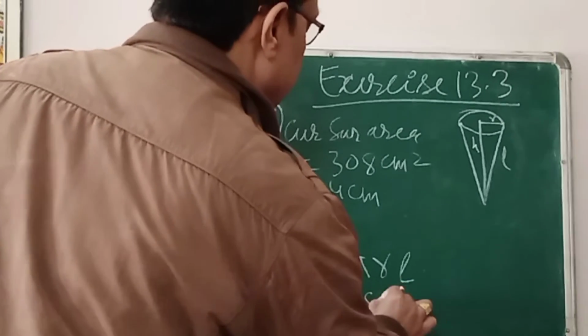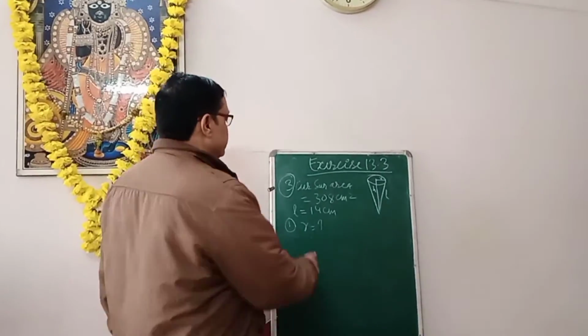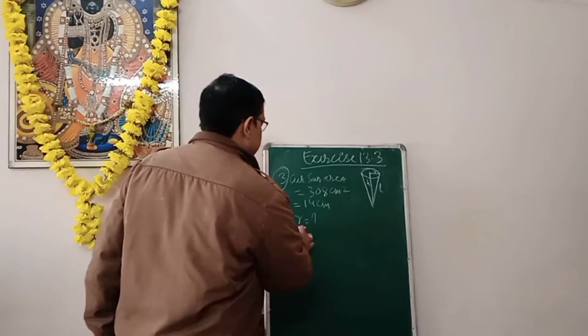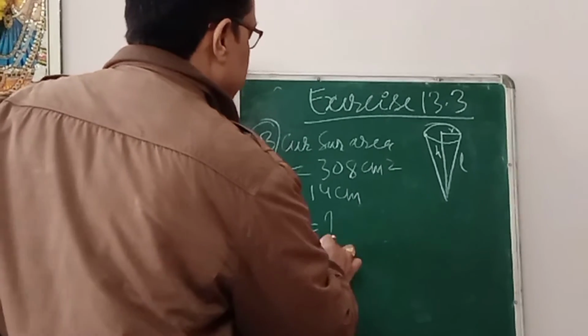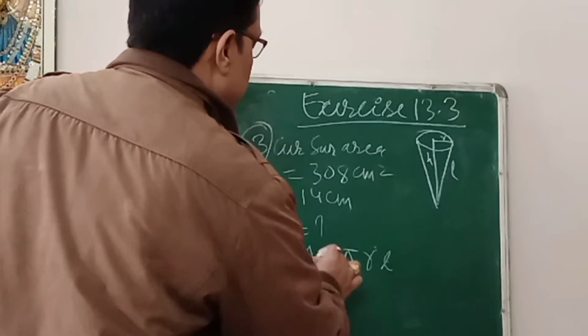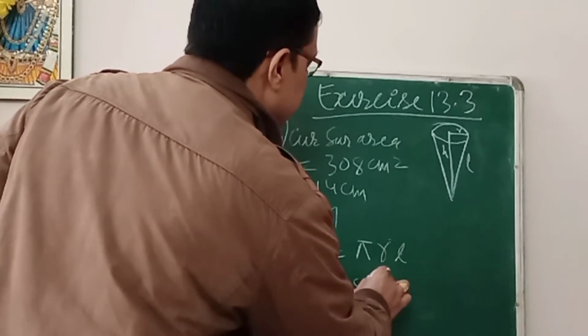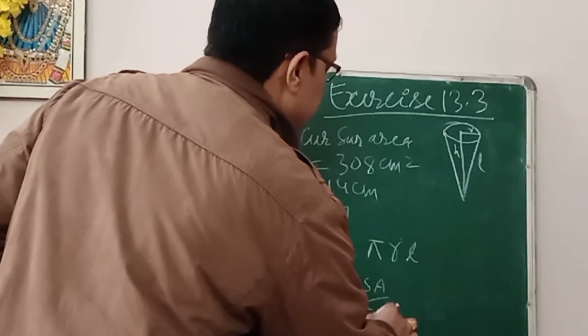CSA upon pi. So we need to find out R. Curved surface area is given. So CSA, we know CSA is equal to pi R into L. So we need to find out R. So what is R? R is equal to CSA upon pi L.